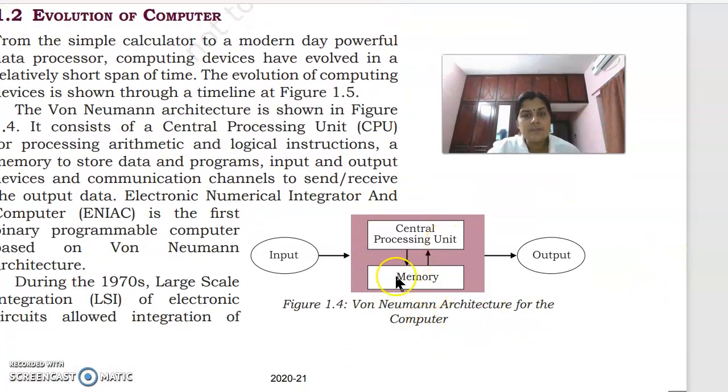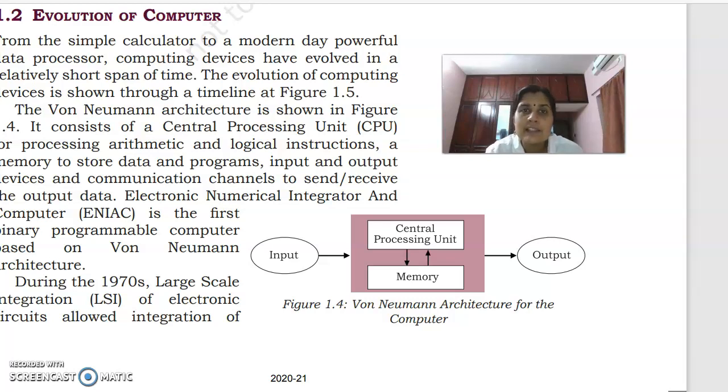The same figure: central processing unit, memory, input, output. Input is given by the user, the central processing unit does the calculation and stores the data into memory. When the CPU needs data, it fetches data from memory and output is given to the user. So this is von Neumann architecture, in which input, output, CPU and memory unit are there.